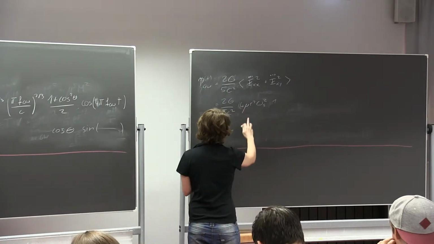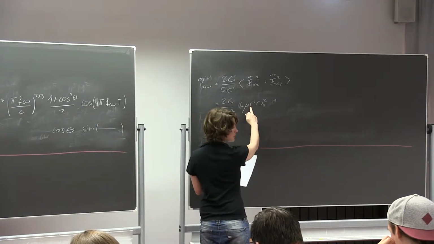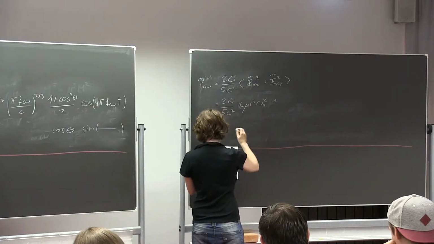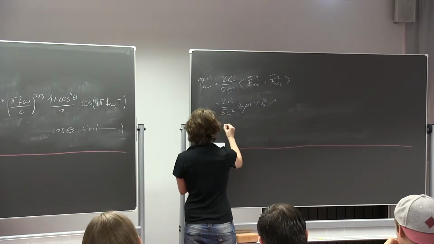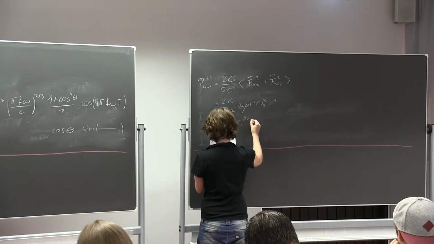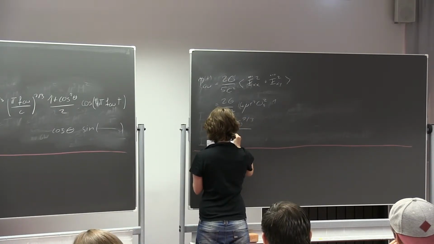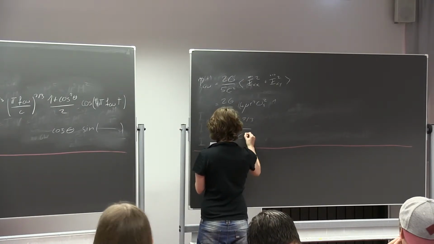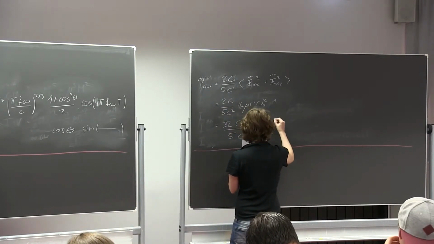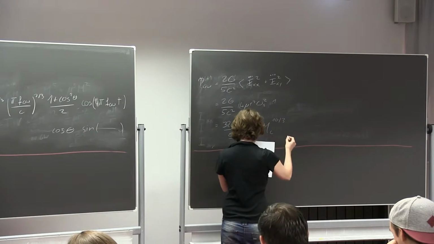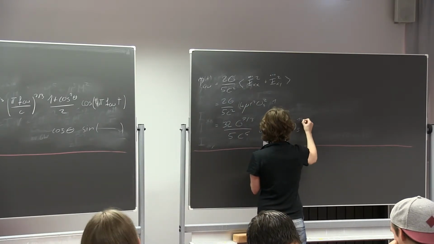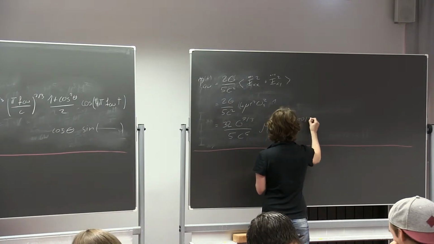And then again, you want to eliminate the parameter r and the parameter mu by using the chirp mass and Kepler's frequency. So in total, you get 32 G to the 7 thirds over 5 c to the 5, chirp mass to the power of 10 thirds and frequency also to the power of 10 thirds.